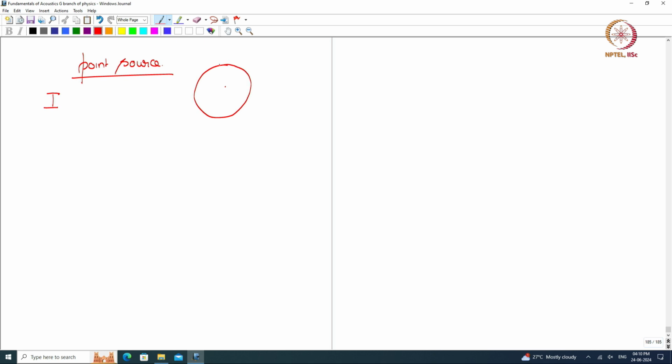The intensity is power per unit area. Let us say we are talking at a distance of r; it is symmetric, therefore the area is 4 pi r square.